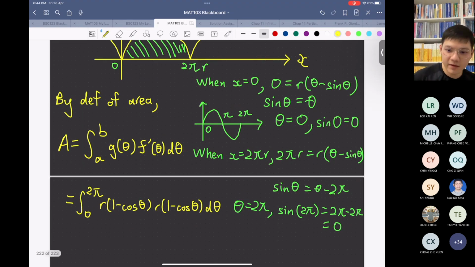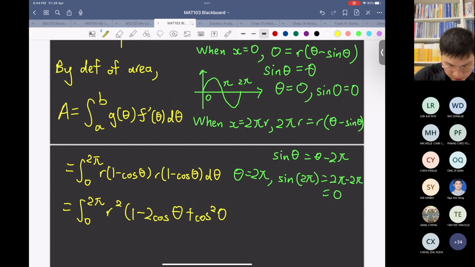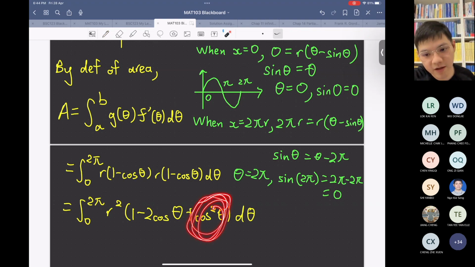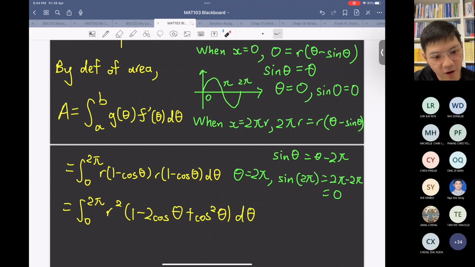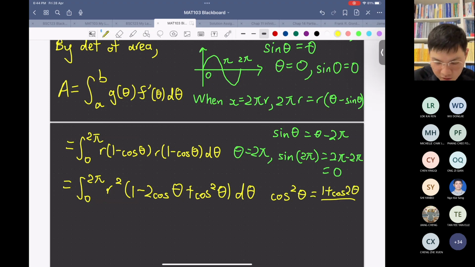We just multiply all of them together, and you get r squared times 1 minus 2 cos theta plus cos squared theta d theta. We can't really integrate a power of cos, so we need to make it into a cos function. There's a trig identity again, where we can transform cos squared theta into 1 plus cos 2 theta over 2.